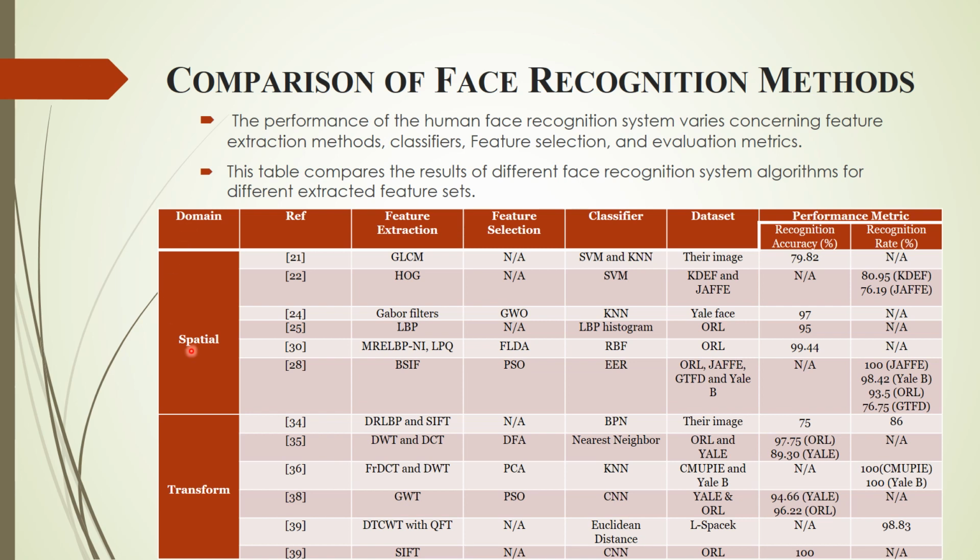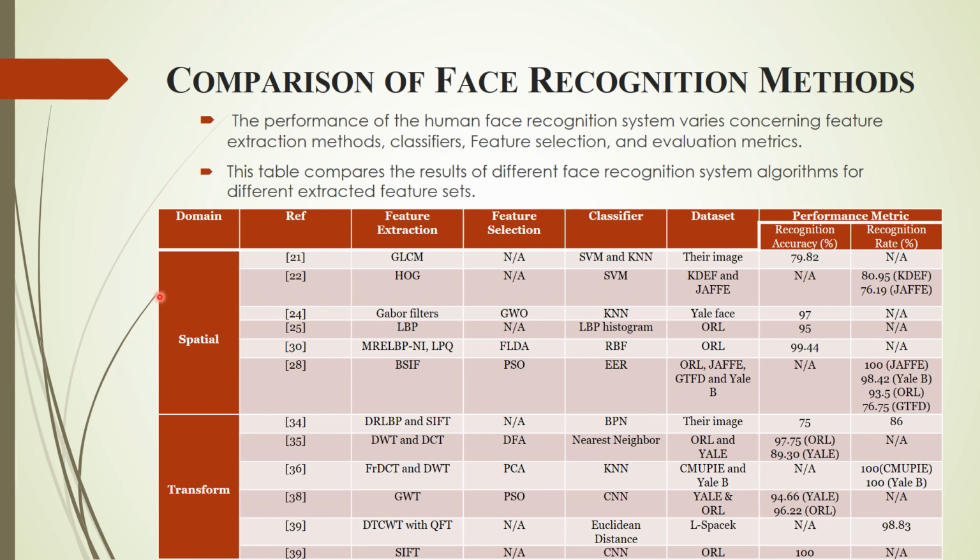In spatial domain, one work uses Gabor filter as feature extraction with GWO as feature selection and KNN as classifier with the YALE face dataset. The result is 97.